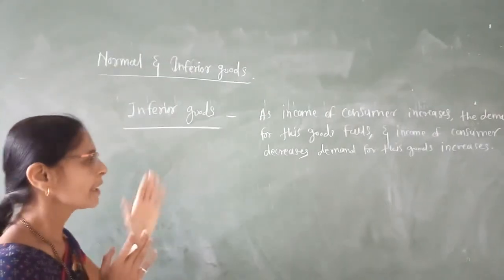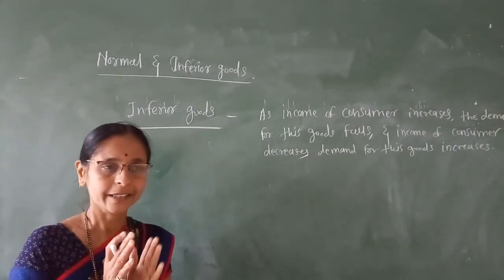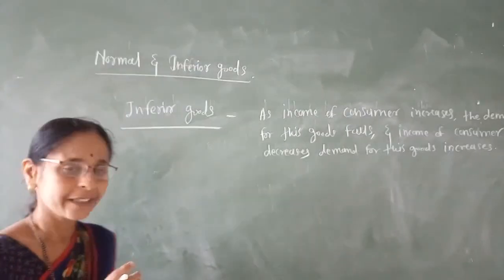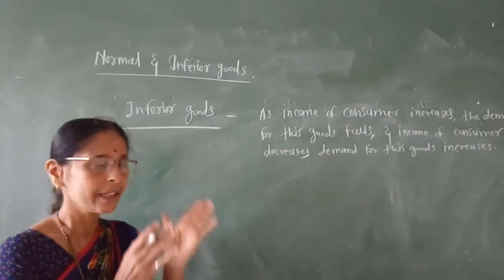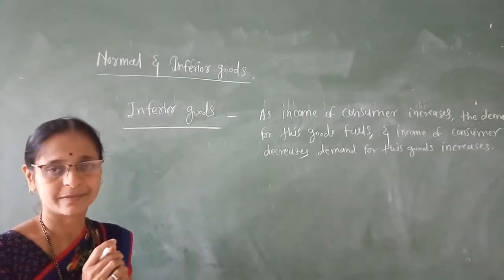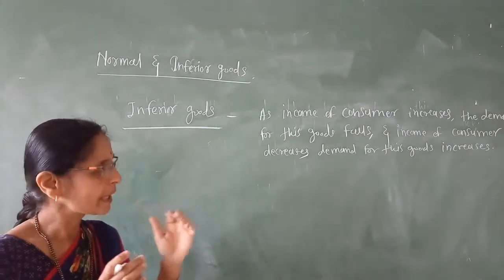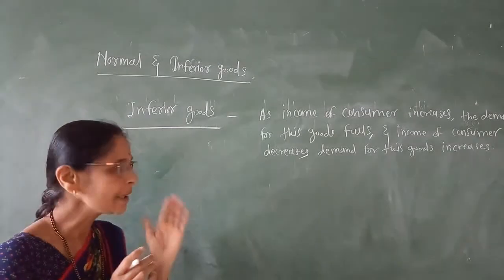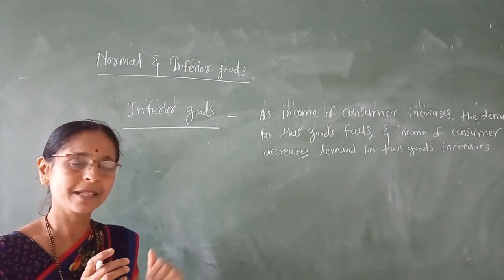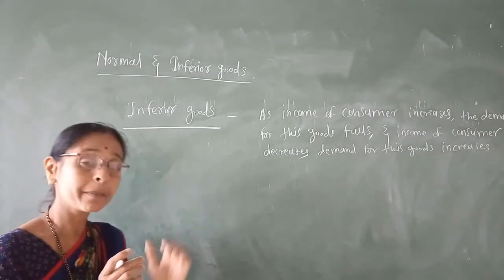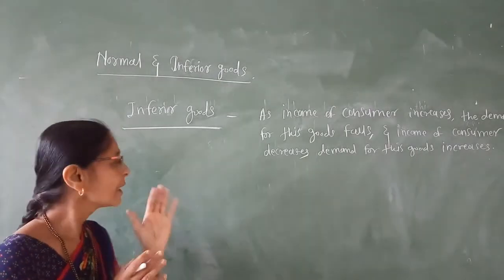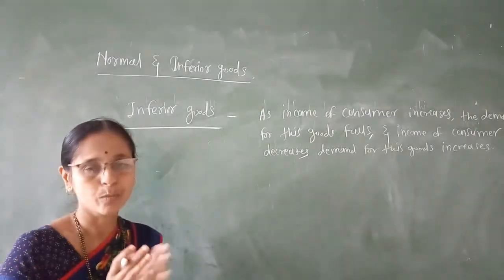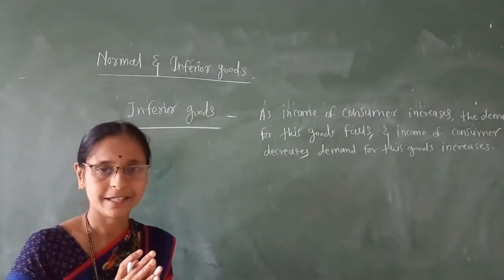See students, inferior goods means that if the income of the consumer increases, then the demand for inferior goods falls. Means it becomes less if the income increases. And if the income of the consumer decreases, means if the income of the consumer becomes less, then the demand for inferior goods becomes more, or it may increase.